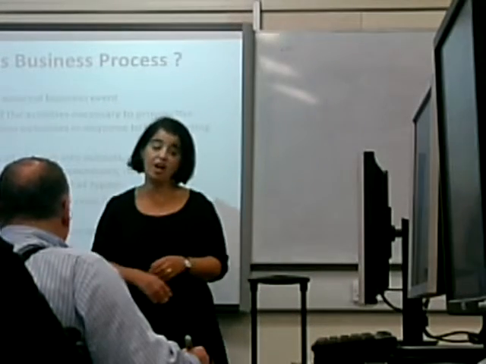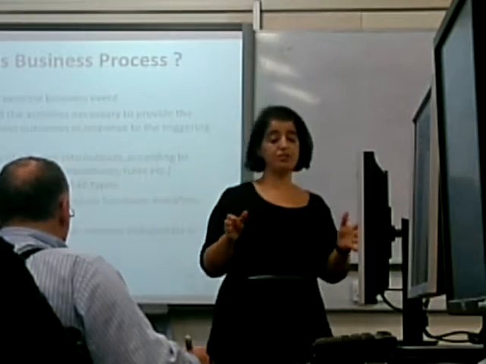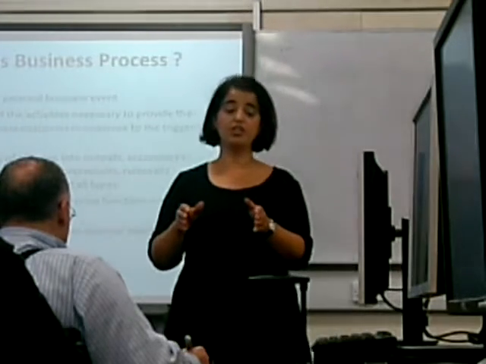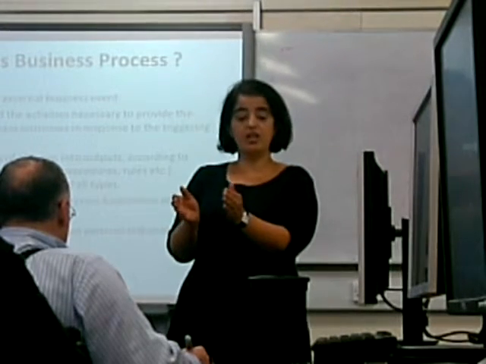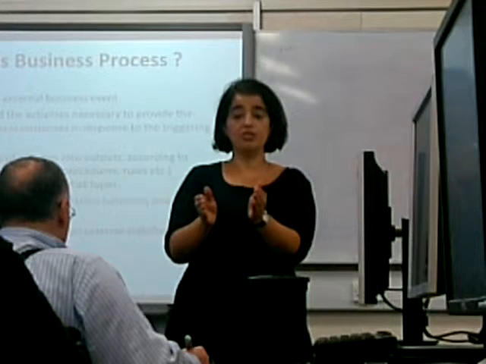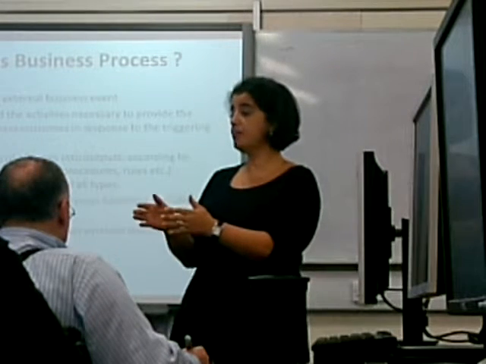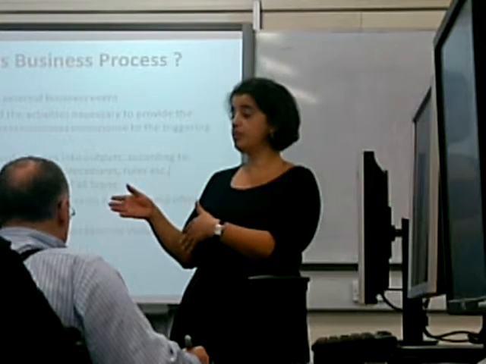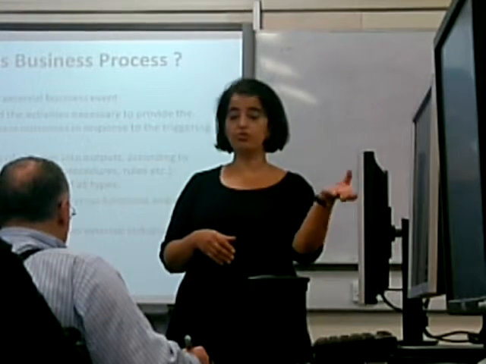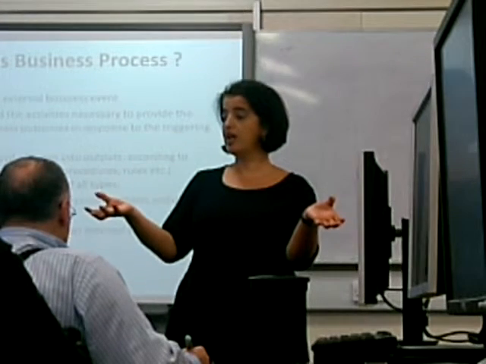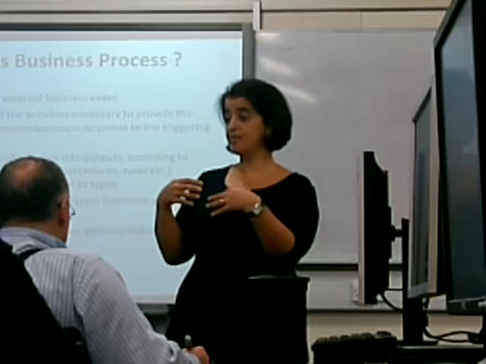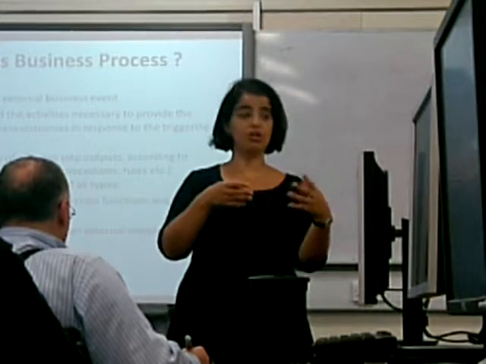Most of the time, these processes are not done in one single organization unit. So for example, if you think about your enrollment process, you had to go to finance, you had to come to the academic class, go to other places.